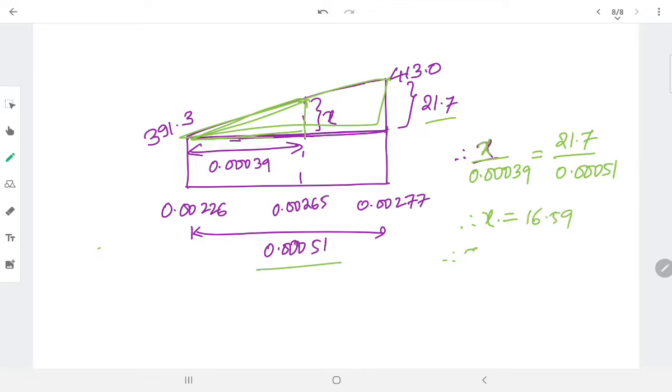So FSC is equal to 391.3 plus 16.59, which is 407.89 Newton per mm square.